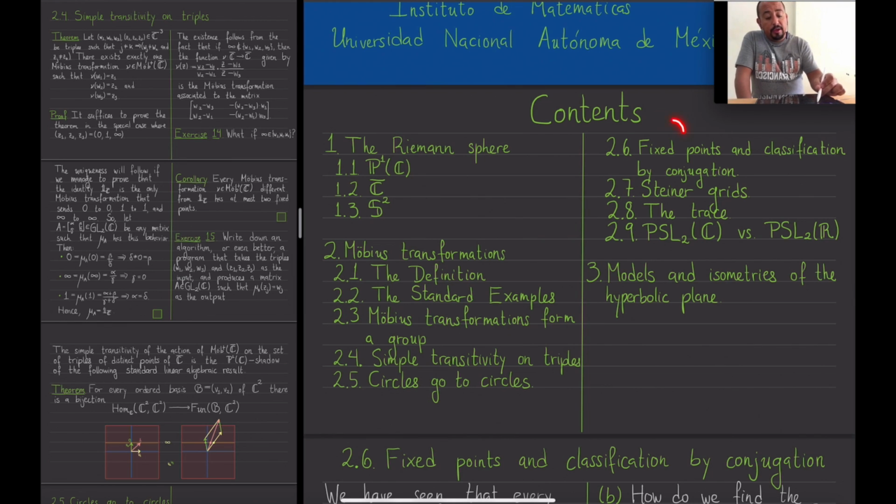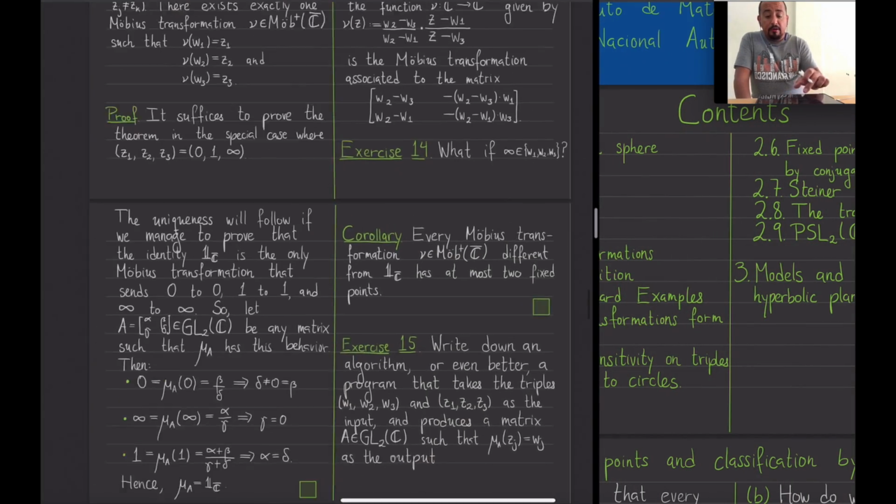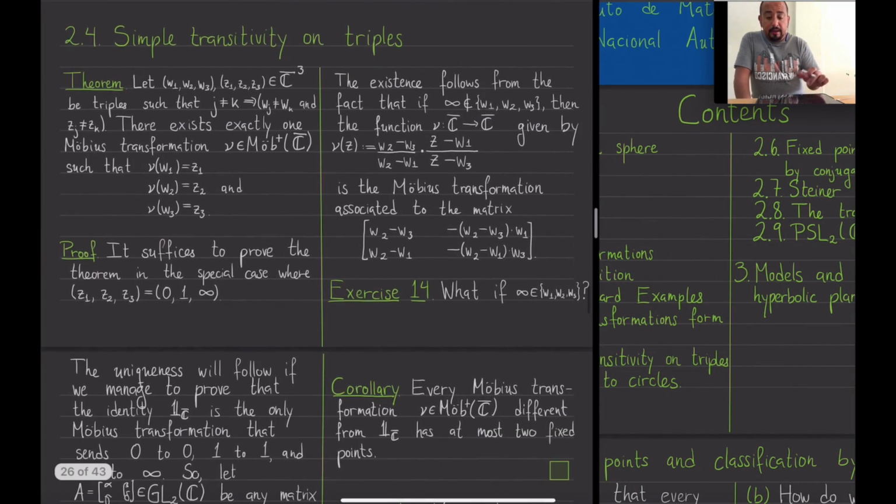Now, before going into the section, let me say a few more words about this simple transitivity. Because, of course, now we know that if you give me two triples of distinct points, there is exactly one Möbius transformation sending one triple to the other in order.